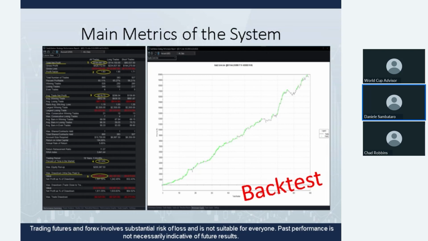The last metric I want to discuss is the profit factor, which is given by the ratio between gross profit and gross loss. It gives you an idea on average of how much money you have to risk for having a given expected profit.